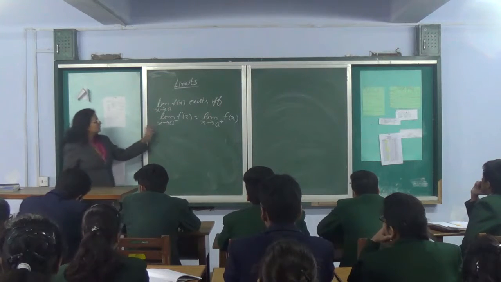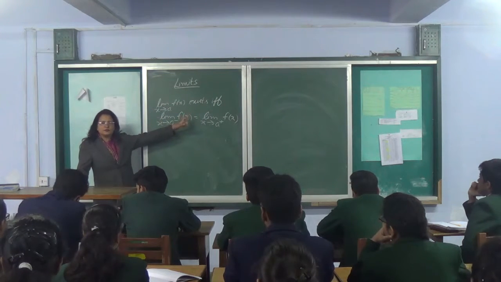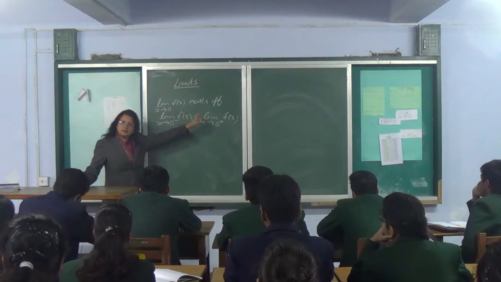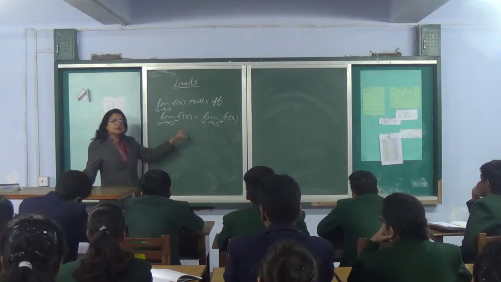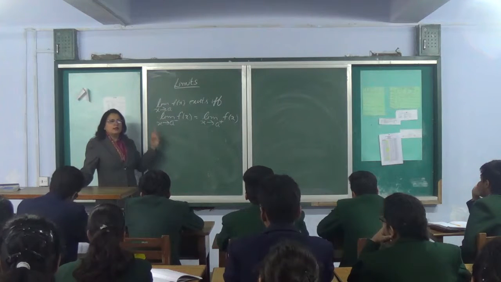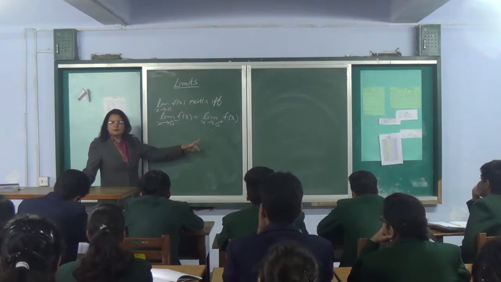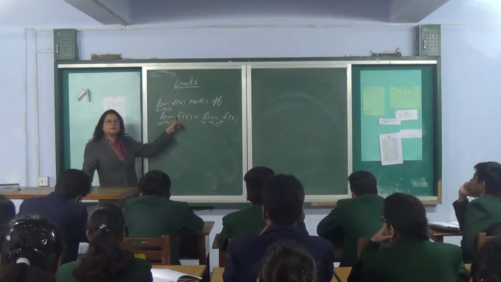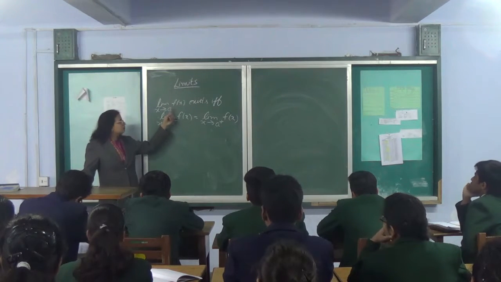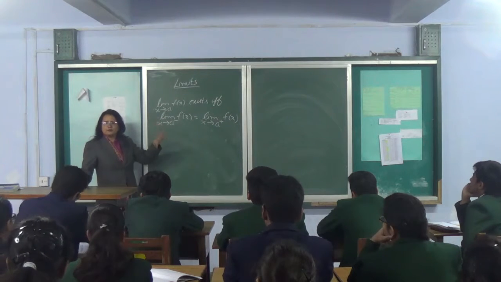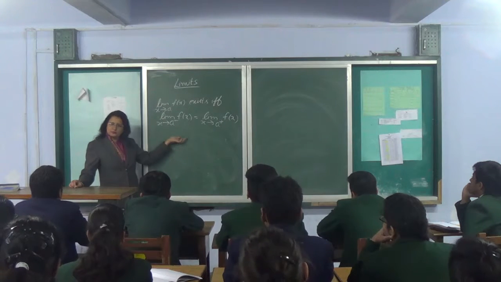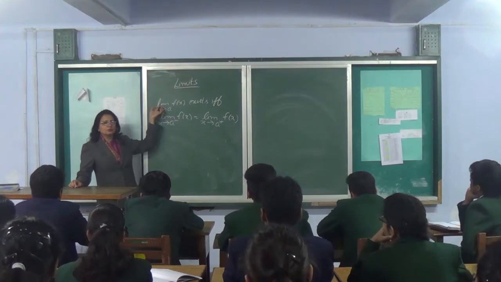Now this is an if and only if statement, meaning this is a both way statement. If limit x tending to a f(x) exists, then right hand limit and left hand limit will be equal. And if the right hand limit and left hand limit of a function are equal, then we can say that limit x tending to a f(x) exists. So you can use this statement both ways. If this is given, these two will be equal. If these two are equal, then this is true.